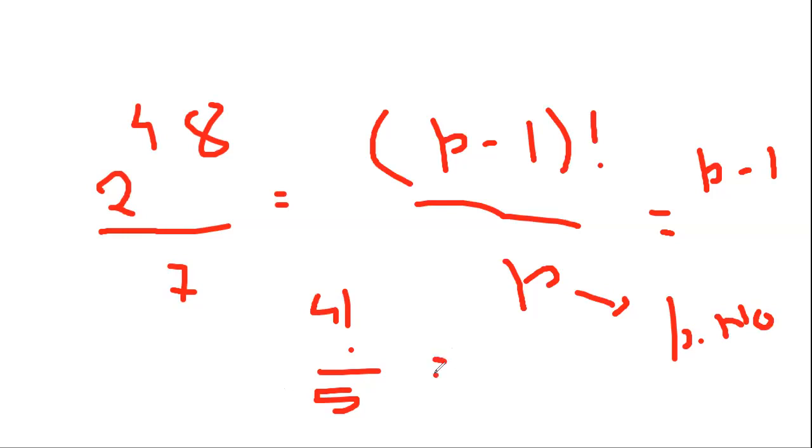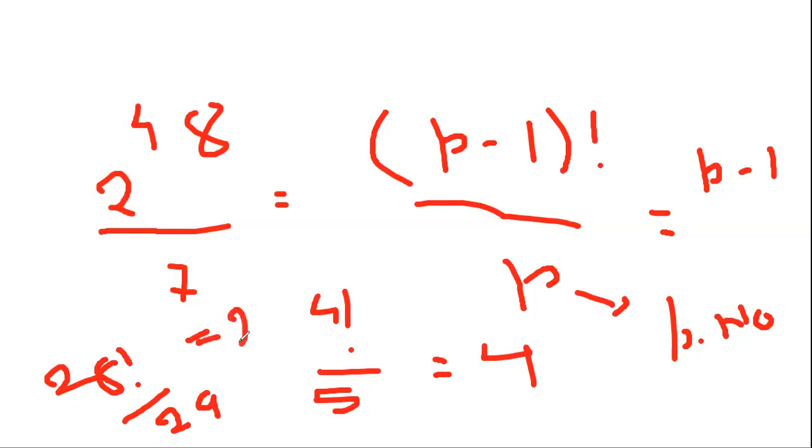So the answer is p minus 1, where this is your p, 5 minus 1 is 4, right? And if I give you 28 factorial upon 29, now 29 is a prime number and this is (p minus 1) factorial. So no need to solve, the answer is 28.